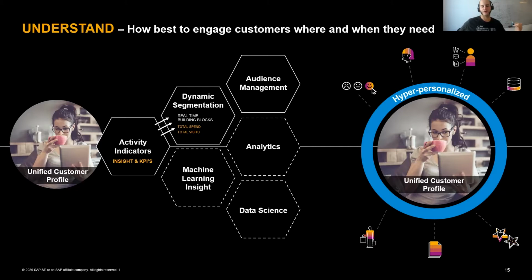It can be that I call the support line, or a sales representative approached me, and from this activity we want to create what we call activity indicators, which are basically aggregations of those activities. And on top of these, we can create insights of dynamic segmentation, which we can then use to drive our whole engagement processes, whether it's audiences or customer journeys that we will see soon.